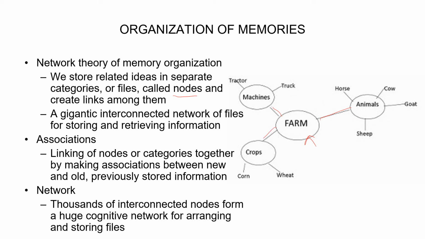Then we associate the crops or the animals with these other nodes: horse, cow, goat, sheep. We associate crops with corn and wheat. But guess what? Corn could be associated with cow, because cows typically eat corn on farms. The other ones do as well.